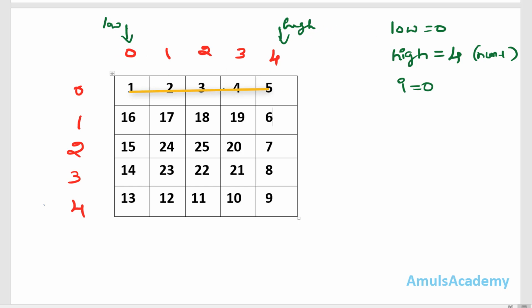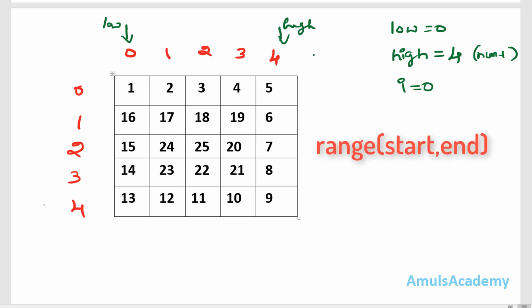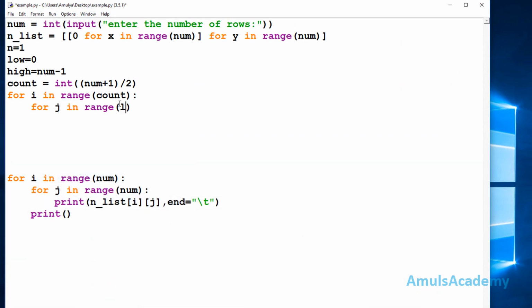Because we want to print these numbers, I'll write high plus 1, because in the range function the end value is not included, right? So if I write 0 to 4, it will give output as 0 1 2 3 only, but we want 0 to 4, right? So that's why we need to mention 0 to 5. So here low to high plus 1.